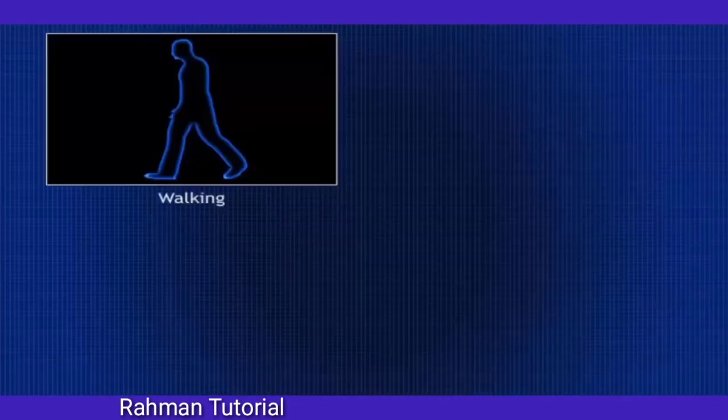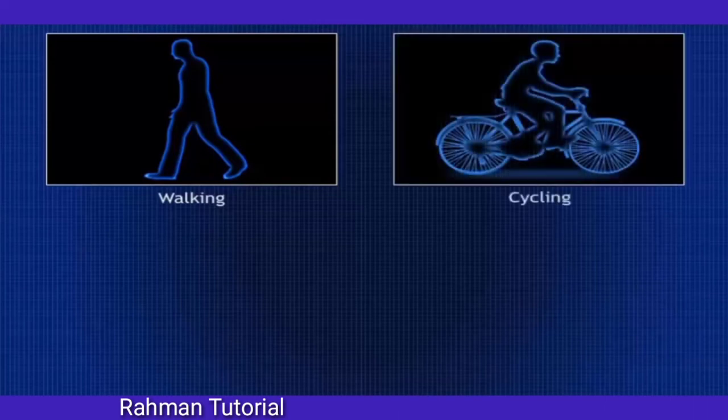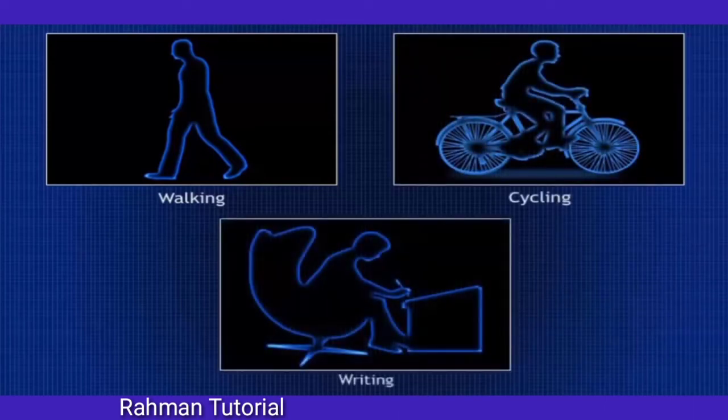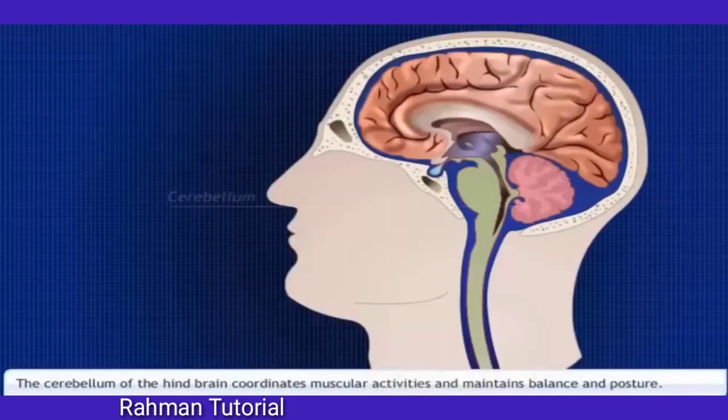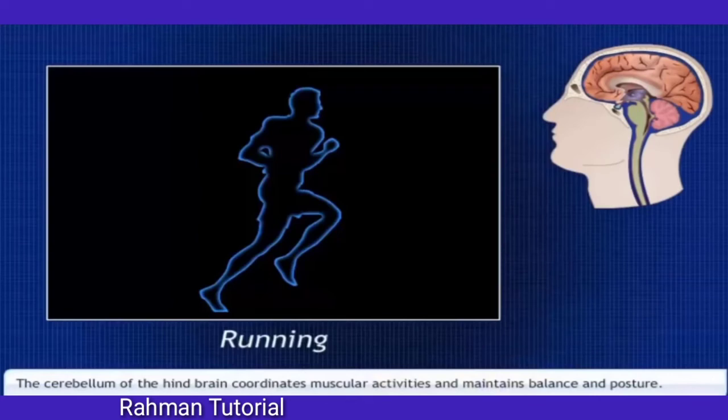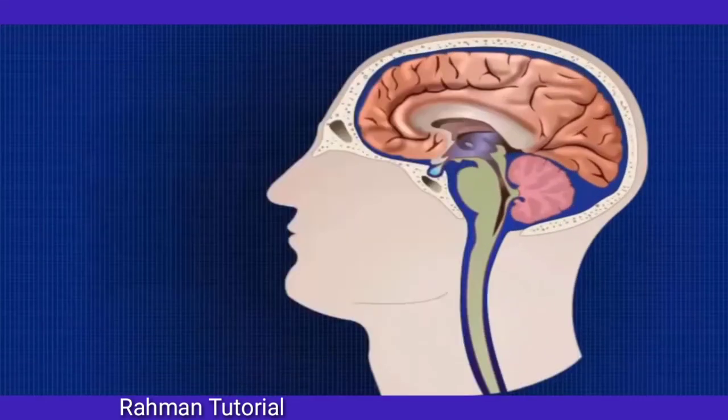Now, what about activities like walking in a straight line, riding a bicycle, and picking up a pencil? It is the cerebellum of the hindbrain that coordinates muscular activities and maintains balance and posture. The next part is the pons that carries the impulses between the cerebellum and the cerebrum.